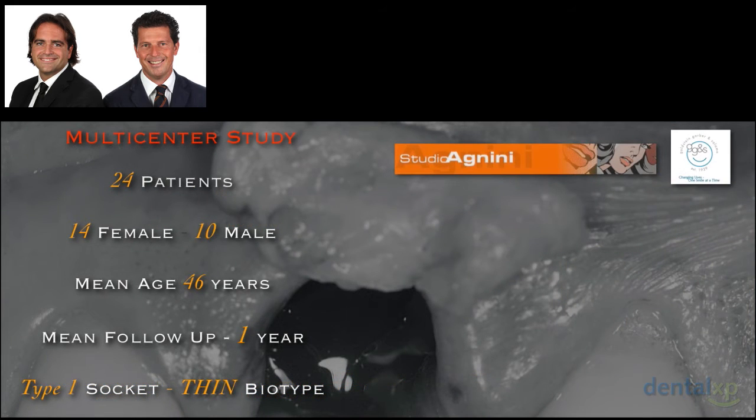So far we had 24 patients, 14 female, 10 male. The mean age was 46 years old, and the mean follow-up is 1 year. Of course it's very important to define that we are dealing with type 1 socket and thin biotype patients. I think that is very important to underline once again.